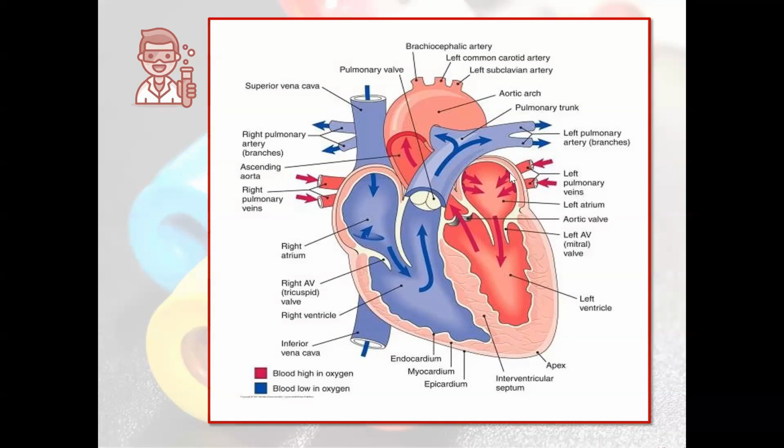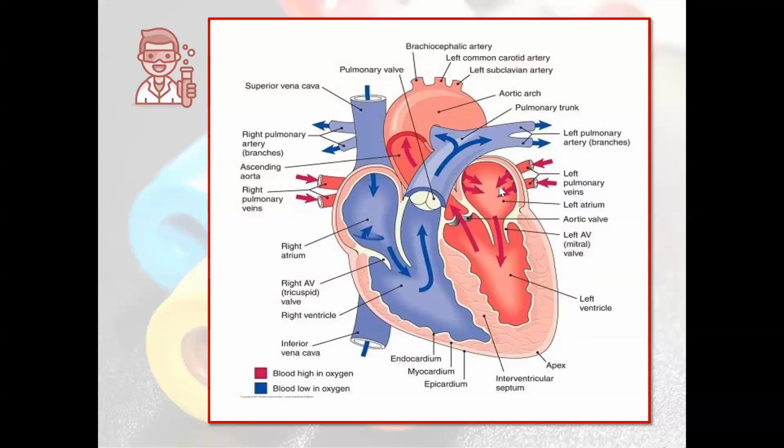Okay, then once the blood is oxygenated, it will now go to the left pulmonary veins. Okay, pulmonary veins, then it will go to the left atrium, then left ventricle.